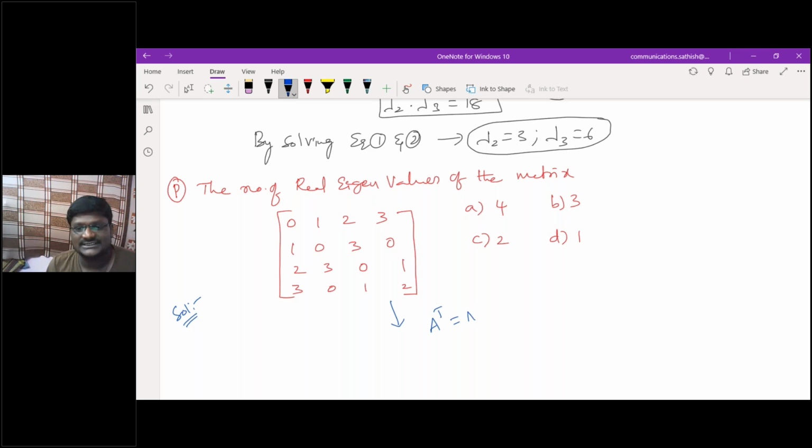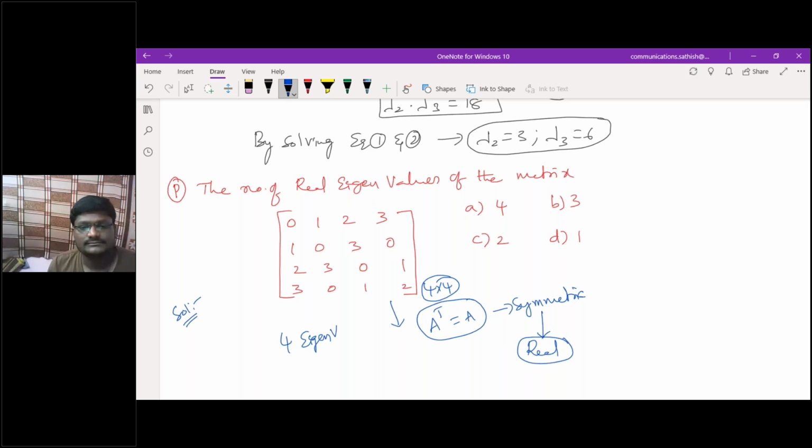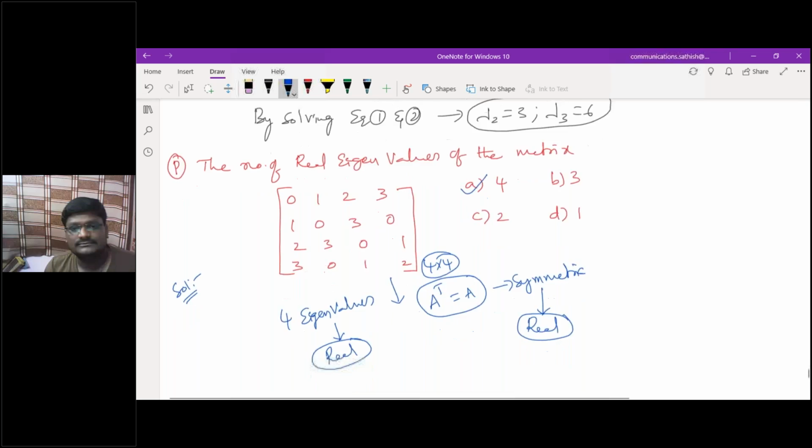You can check: A transpose is equal to A. So it is symmetric, and for a symmetric matrix all the eigenvalues are real. Here it is a 4 by 4 matrix, so you will have 4 eigenvalues. So all are real eigenvalues. This is how they will ask you the questions. Understood?